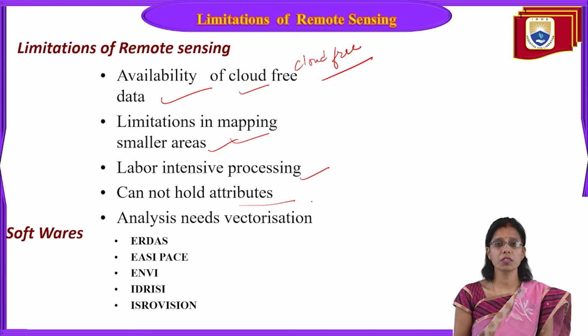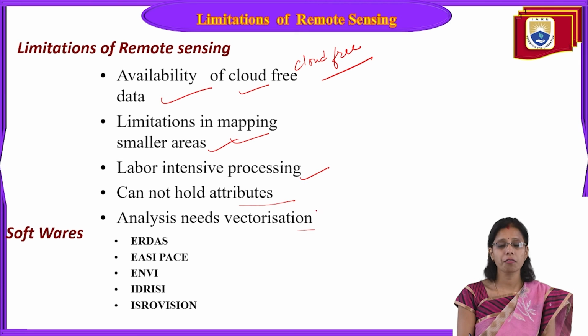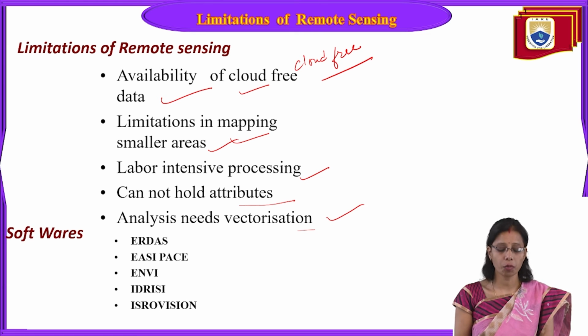In the satellite image we are unable to show the attributes because it's just an image of an area in a digital format, so it will not hold the attributes. For attributes we have to go with the vectorization process in GIS. Now, analysis needs vectorization, as I have mentioned just now. For analysis it has to go with the vectorization process. All that vectorization process we do in GIS. We'll be discussing it in the coming topics.